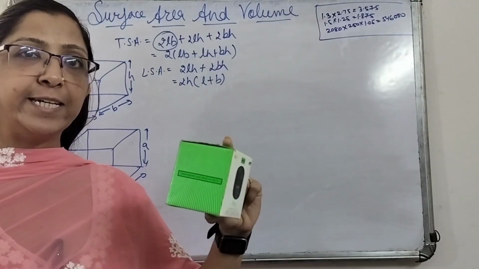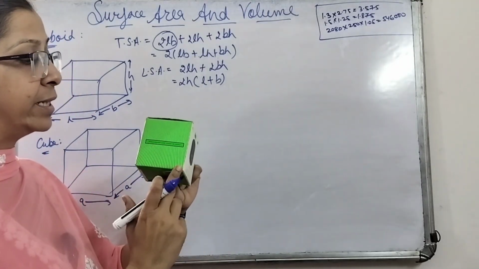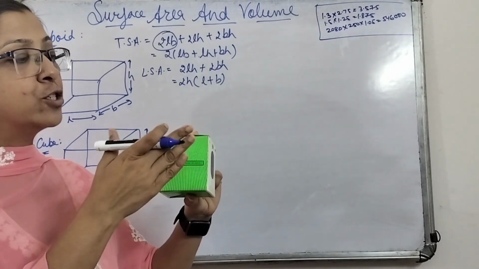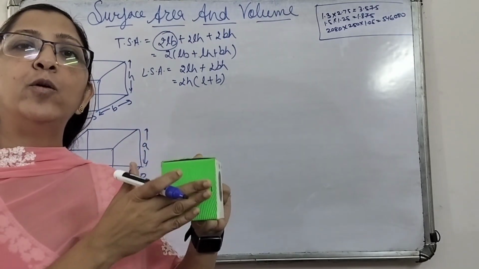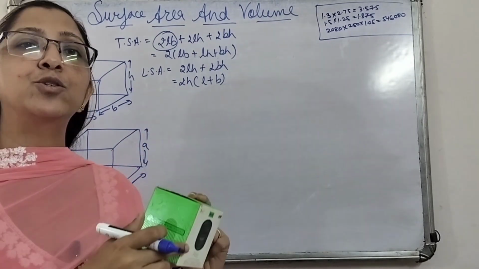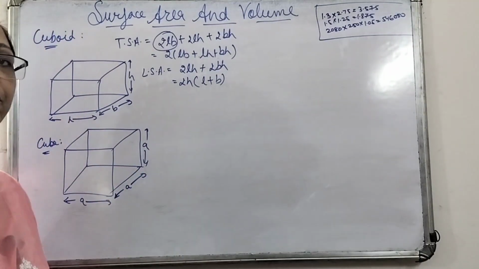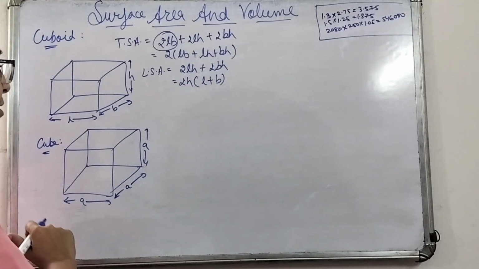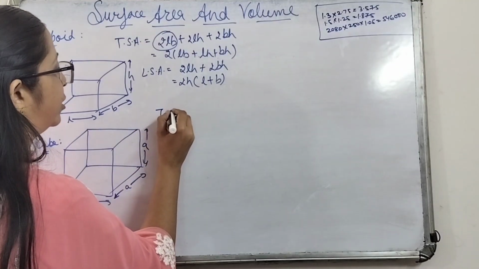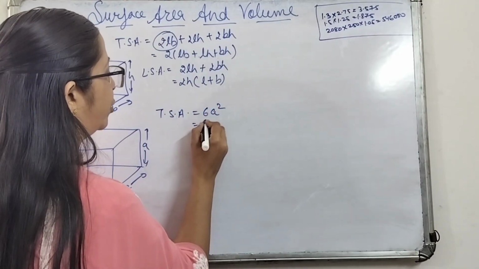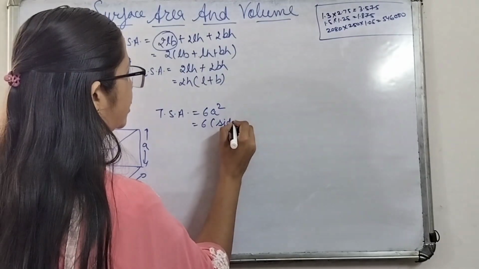Length is A, width is A and height is A. So the area of each face will be A into A, that is A square, and it has 6 faces. So the total surface area will be 6 multiplied by A square, or 6 multiplied by side square.